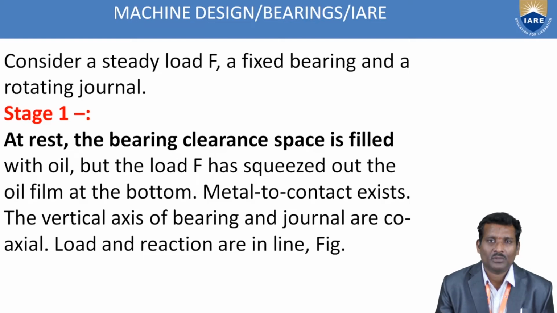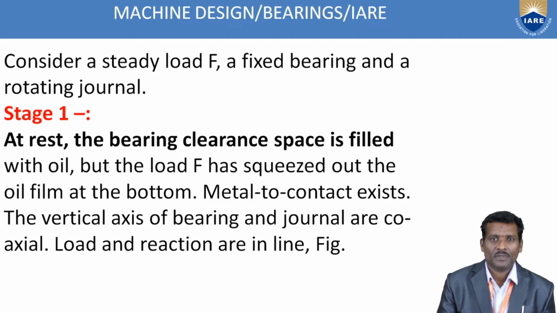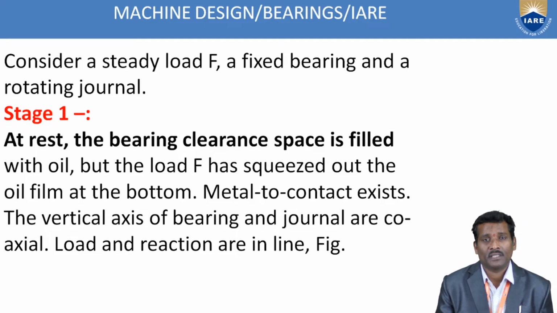Here, due to that radial load, the oil initially filled in the gap between the fixed element and the rotating element has been squeezed out at the bottom. Due to this, some metal to metal contact exists on the vertical axis in this bearing.